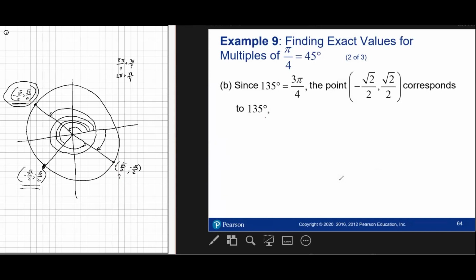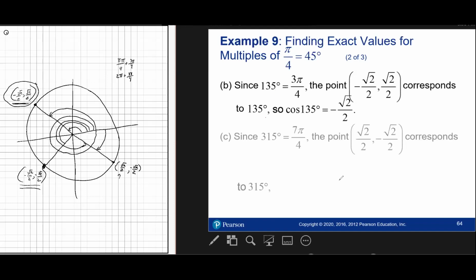This terminal, so the point on that unit circle is those coordinates. And so the cosine is a negative square root of 2 over 2. And we talk about these coordinates here for letter C.